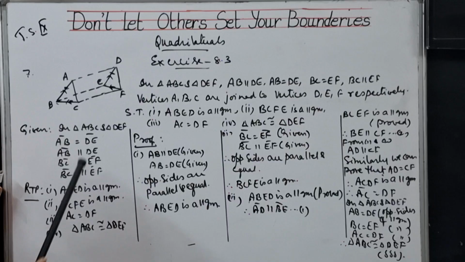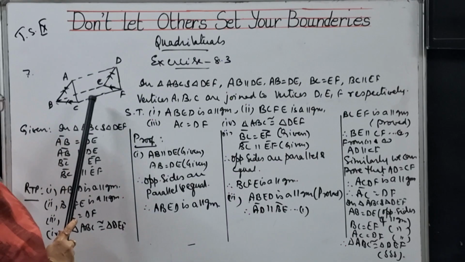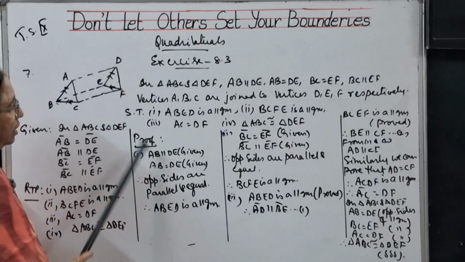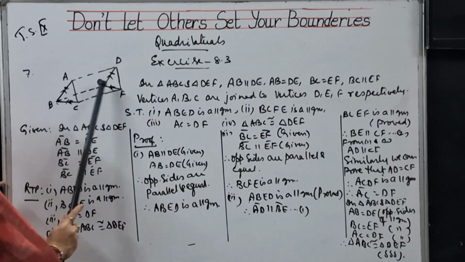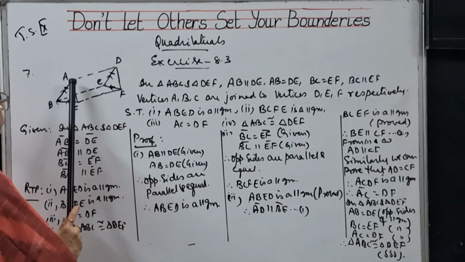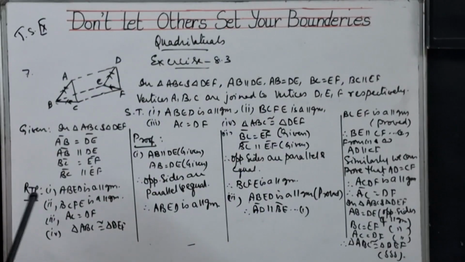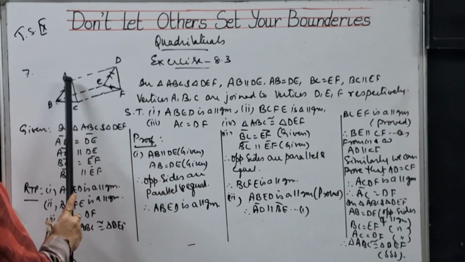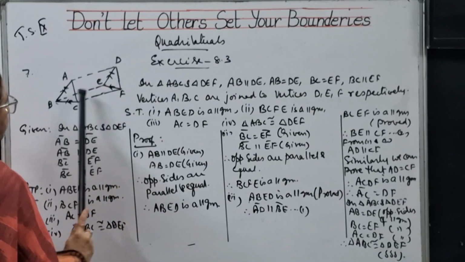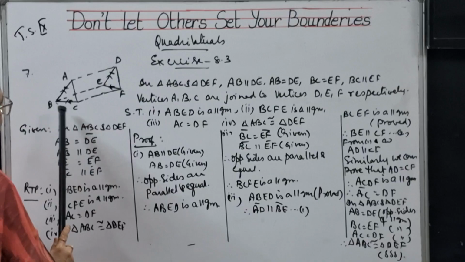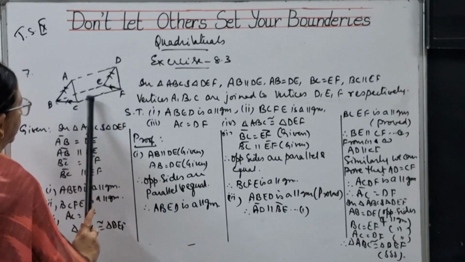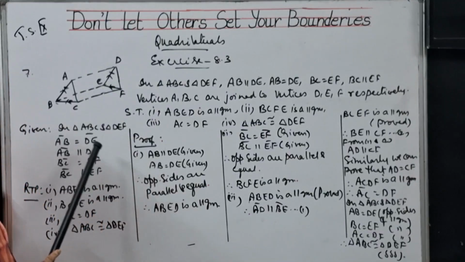Now the next one we need to prove AC is equal to DF. So in this what we can say, ABED is a parallelogram. So AD is parallel to BE. Similarly, BCEF is a parallelogram. So BE is parallel to CF.